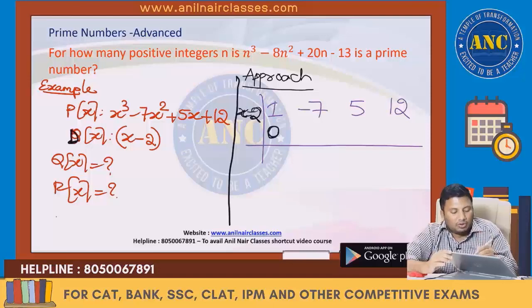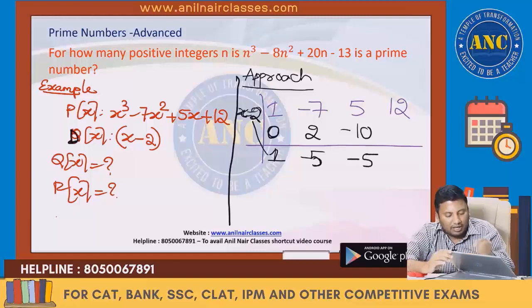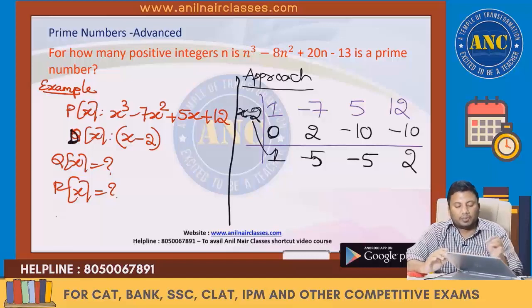Start with 0. 1 plus 0 is 1. Multiply with this: 1, 2s are 2. Then add: minus 7 plus 2 is minus 5. Then multiply: 2 into minus 5 is minus 10. 5 minus 10 is minus 5. Minus 5, 2s are minus 10.